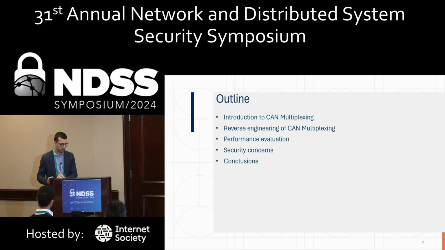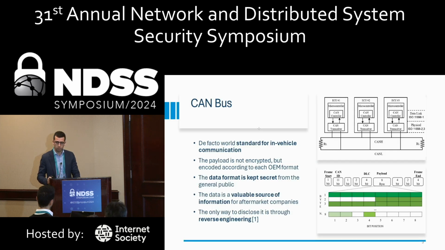Now, most of you may be familiar with the CAN bus, which is the de facto standard for in-vehicle communication. And a CAN frame is composed of multiple fields. The ones that we are interested in for this work are the ID and the payload. Now, the format of the data in the payload is kept secret from the general public by the OEMs.